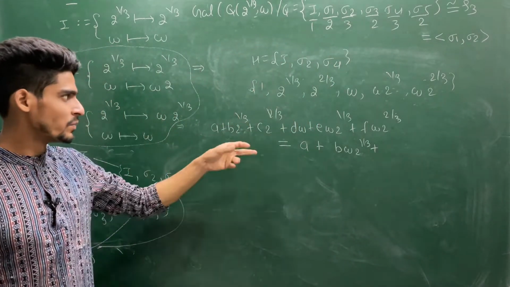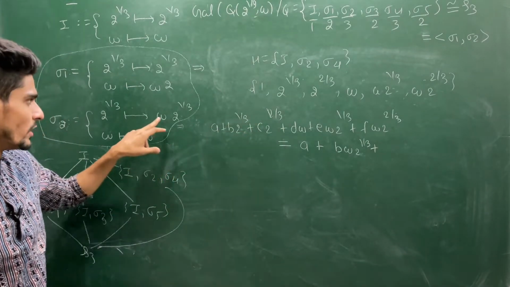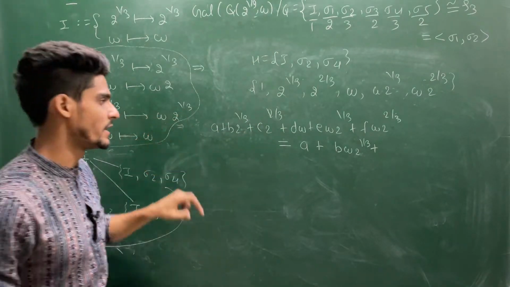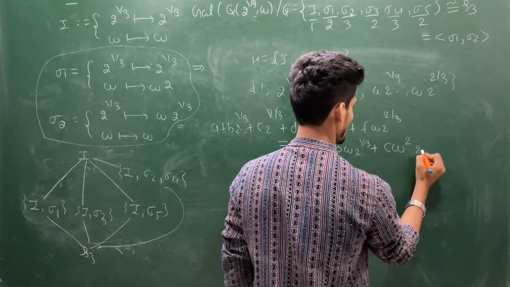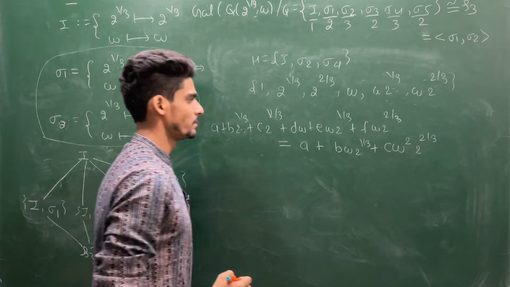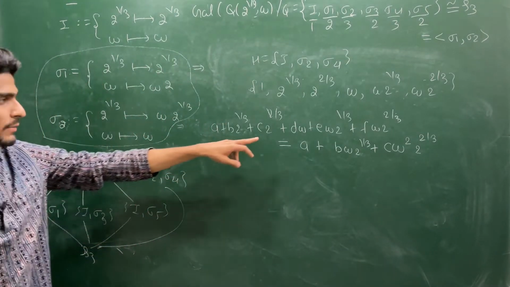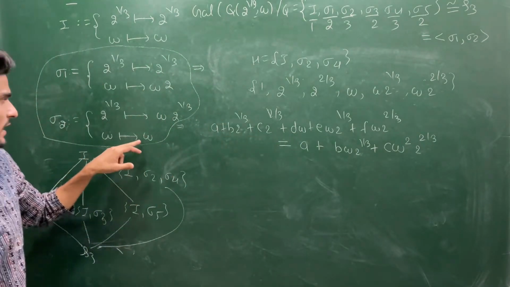You can think of it as 2 power 1 by 3 whole square, so you will have c omega square 2 power 2 by 3. Then you need the image of d omega. d is fixed and omega is already fixed.